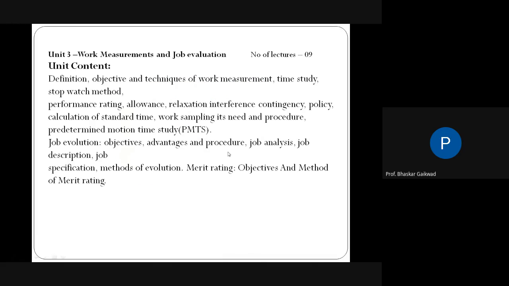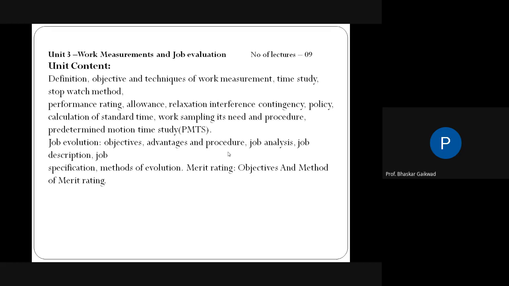Okay. So these three words you have to remember related to the chapters: work measurement, job evaluation, and merit rating. In a single word, work measurement decides the standard time, job evaluation decides the worth of a job, merit rating decides the wage system, or the wage required for a particular man.